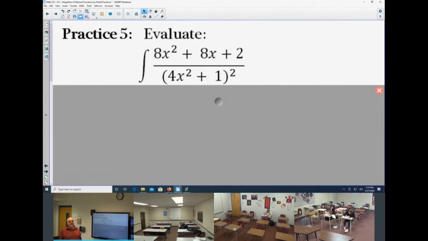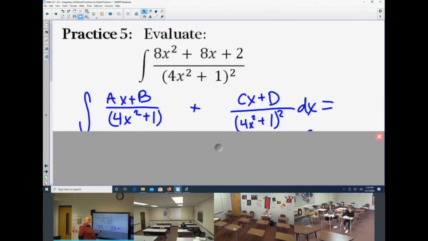So what's the first step? The integral of ax plus b over 4x squared plus 1, plus the integral of cx plus d over 4x squared plus 1 squared. Good. Any questions on that?